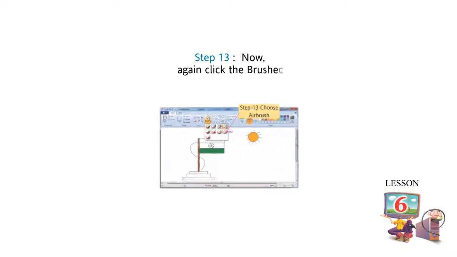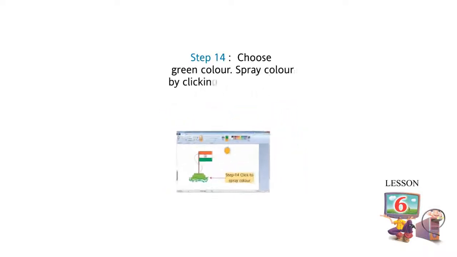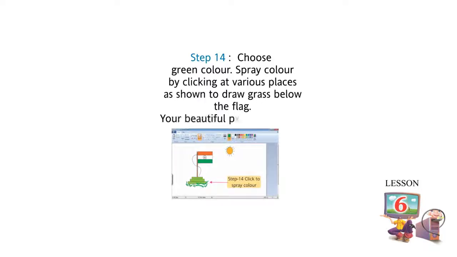Step 13. Now again click the brushes from Tools group and choose Airbrush. Step 14. Choose green color. Spray color by clicking at various places as shown to draw grass below the flag. Your beautiful picture is ready.